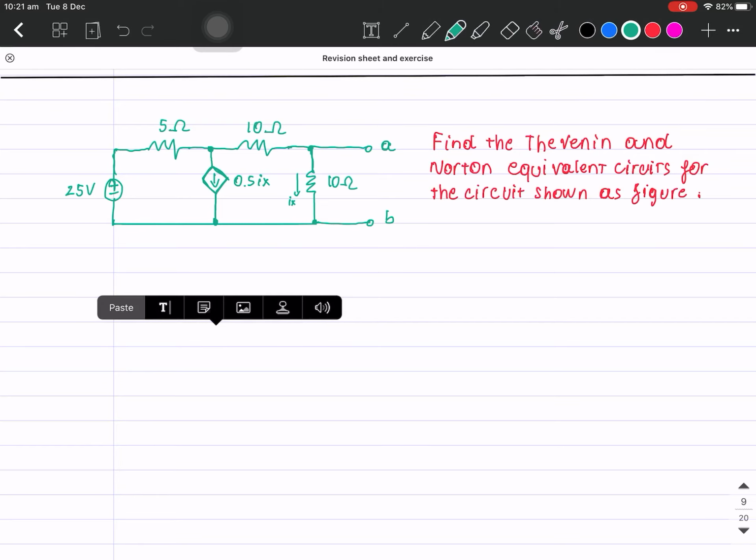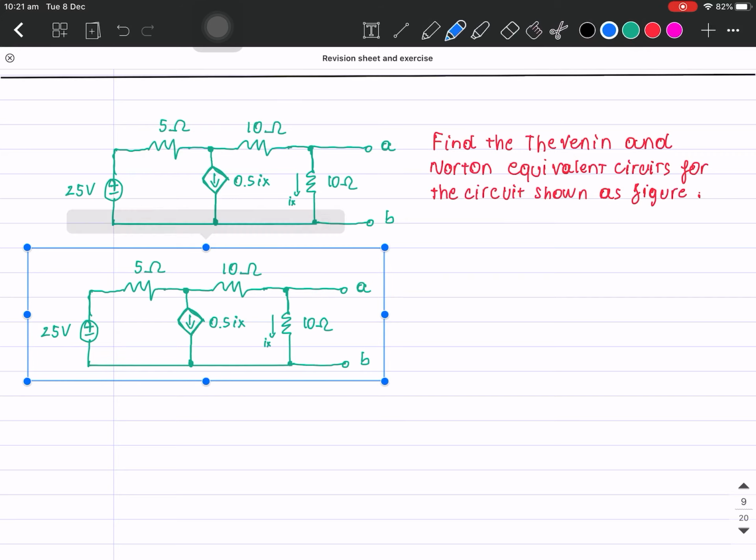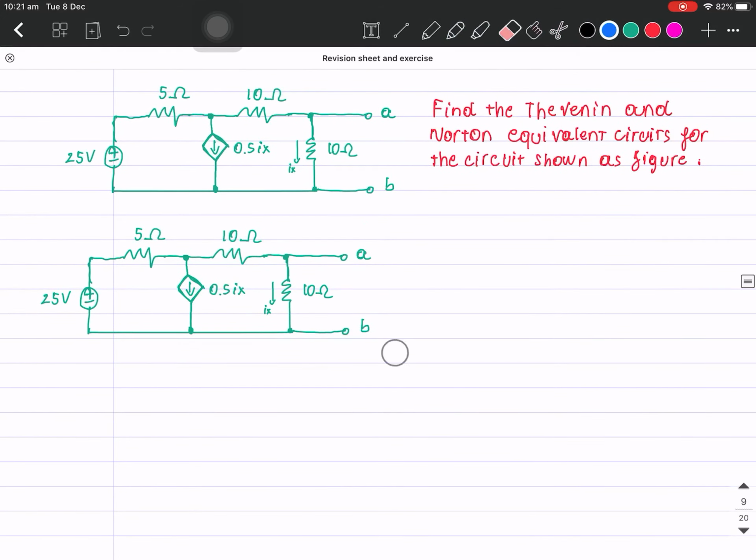I'm going to redraw this circuit to find the short circuit current first. So I'm gonna take out this one and kind of plug it in. Short circuit current. Okay, this is point A, this is point B. All right.